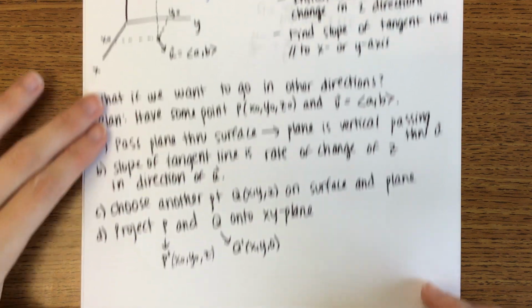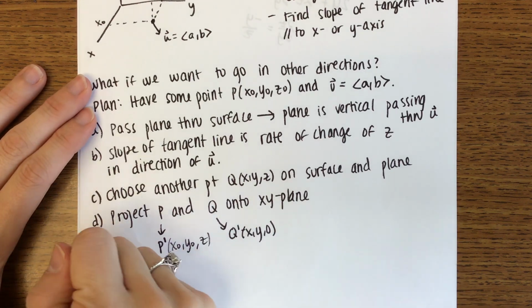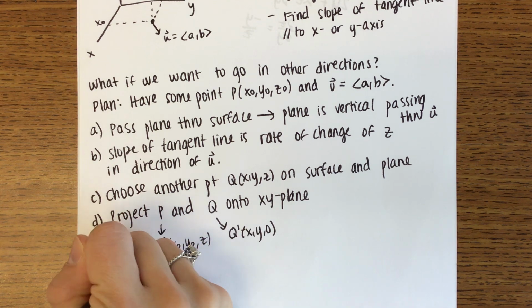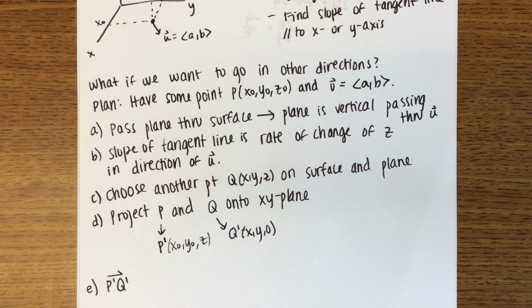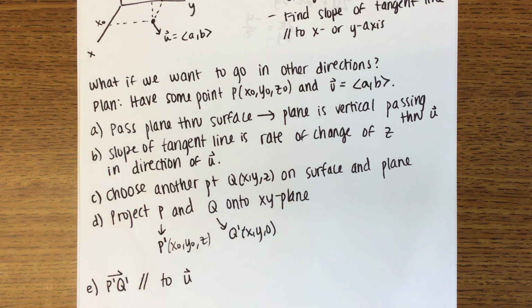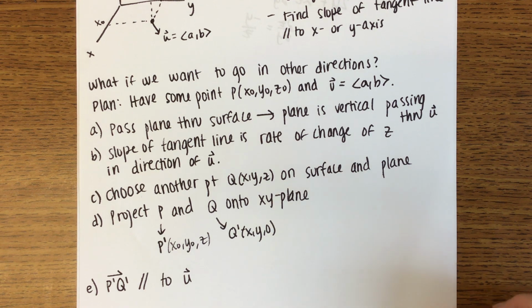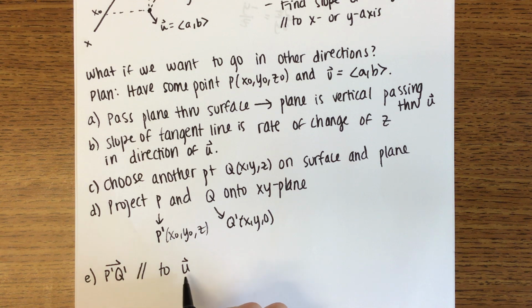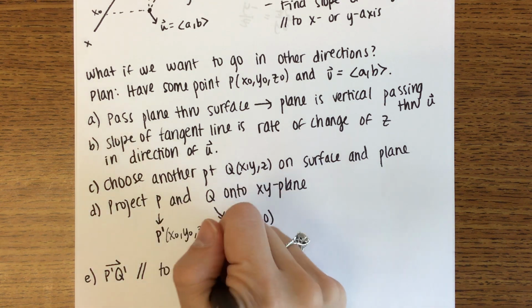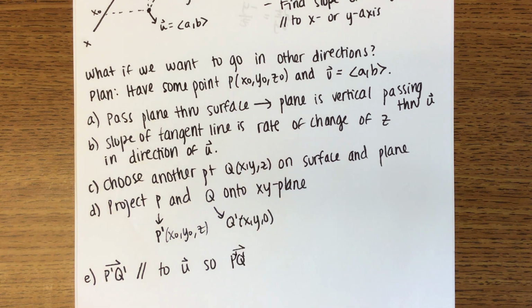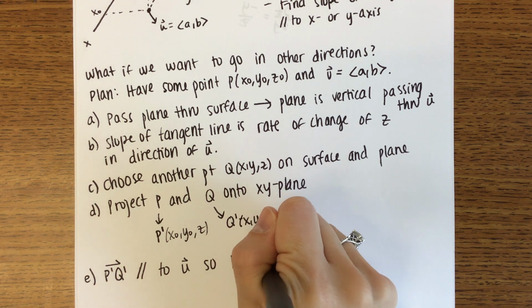Okay, so like you saw on the figure, if we connect those 2 points, the projections of P and Q, that is going to be parallel to u. Parallel to u, but not necessarily the same length. So those 2 points are going to fall on u, but they're not going to be the same length as u. So what we know is that that vector PQ is u multiplied by some constant h.